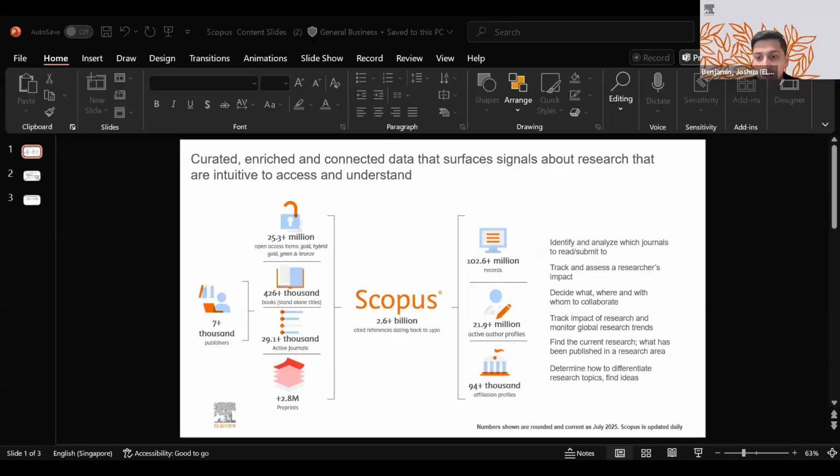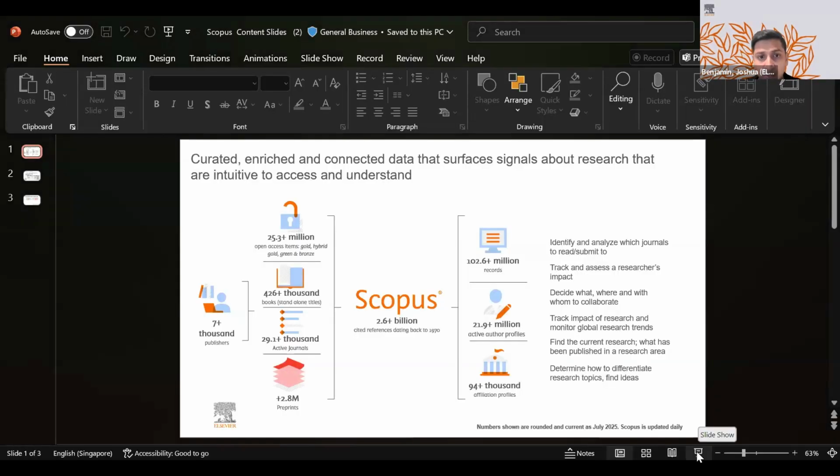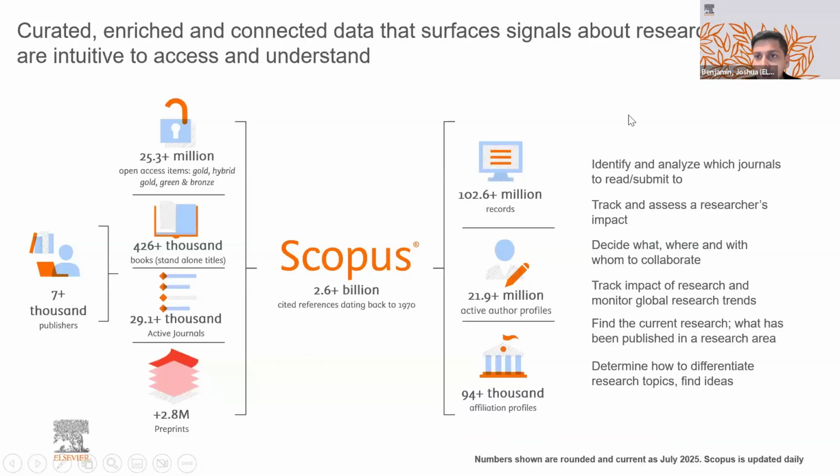This will just be a quick update with regards to the content that Scopus has. If you take a look at the screen I'm sharing, you can see that Scopus is one of the largest, if not the largest, index databases in the world, with access to over 7,000 publishers' data.